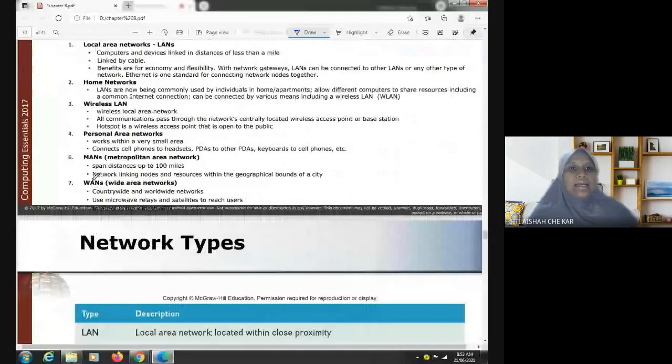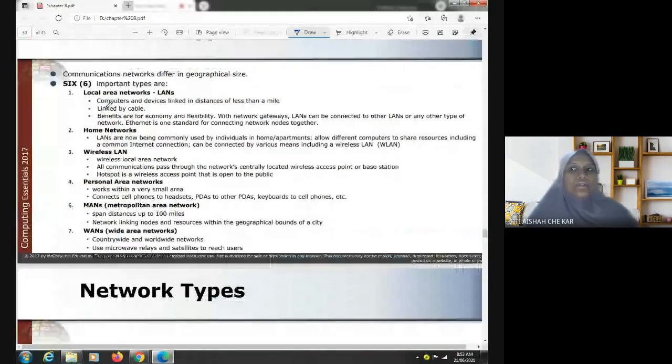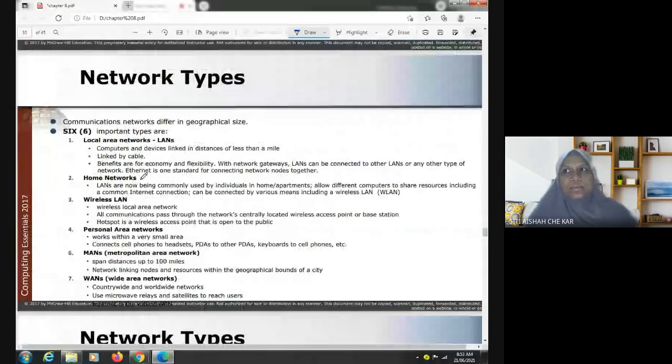Okay, LAN is local area network. So usually a small community uses a LAN, for example, for school, for company and so on, for office, usually use a LAN. Okay, so the limitation of LAN, you can see here, a distance less than a mile. So if you want to communicate within a distance of less than a mile, you can use a LAN.